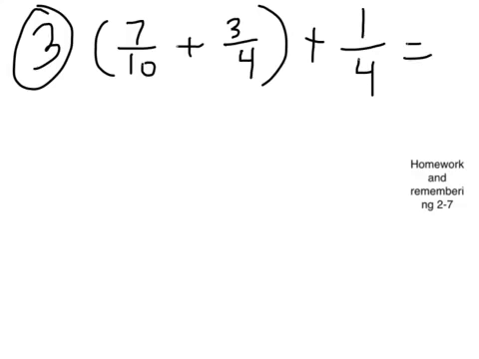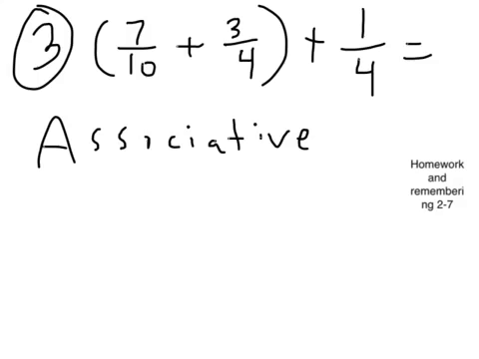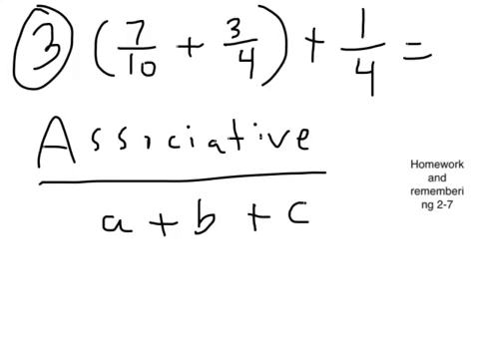Now, if it's talking about the associative property, just to give you some more background on that, the associative property tells us that A plus B plus C, let's say we do A plus B first, that's going to equal D, whatever these variables equal.